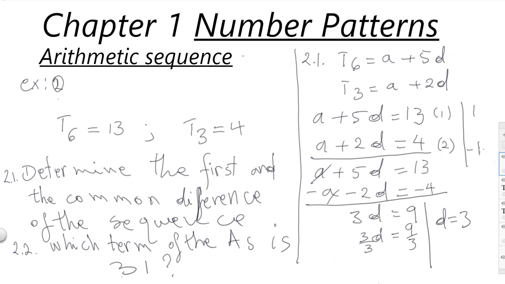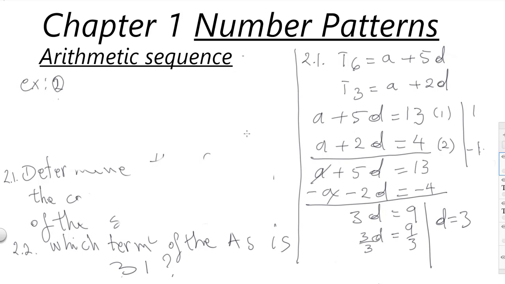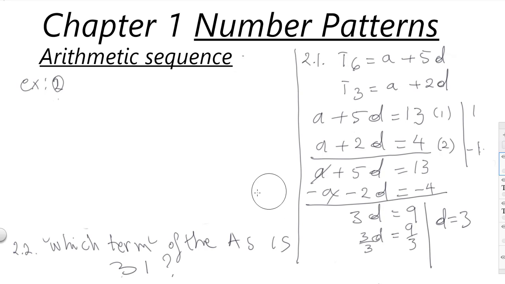All right. Once the common difference is equal to 3, let's find now the first term. We found first the common difference, now let's find the first term. Remember, we can take equation number 2.